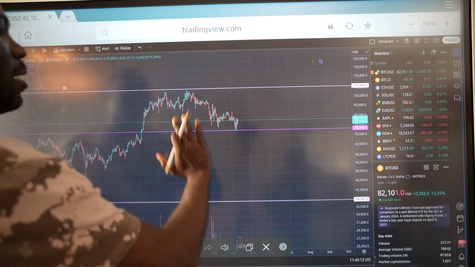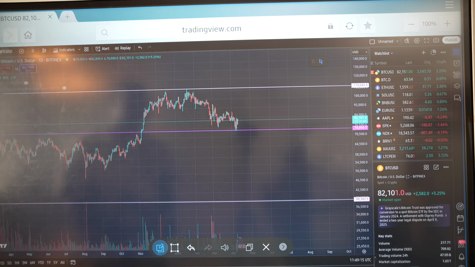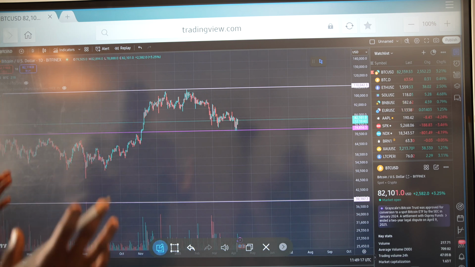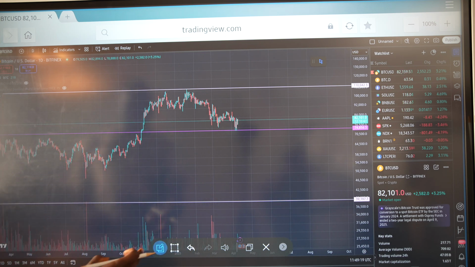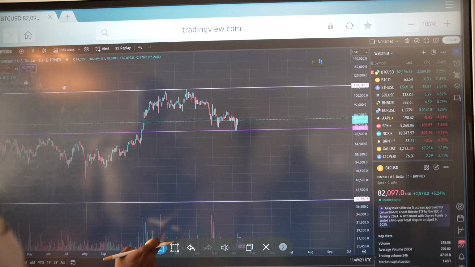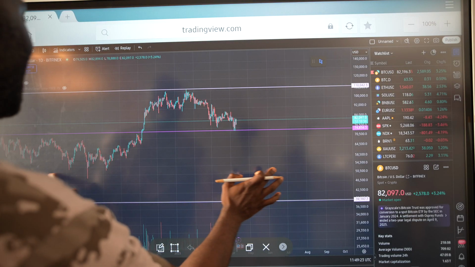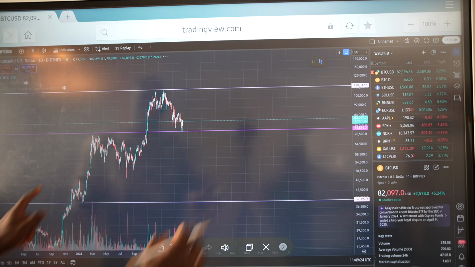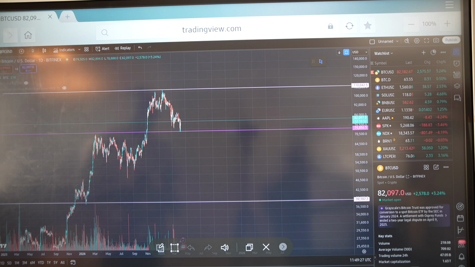But look at what is happening. As we are going down the time frames, the structure starts making more sense. It starts looking more reasonable, or easier, to mark our areas of major interest, right?